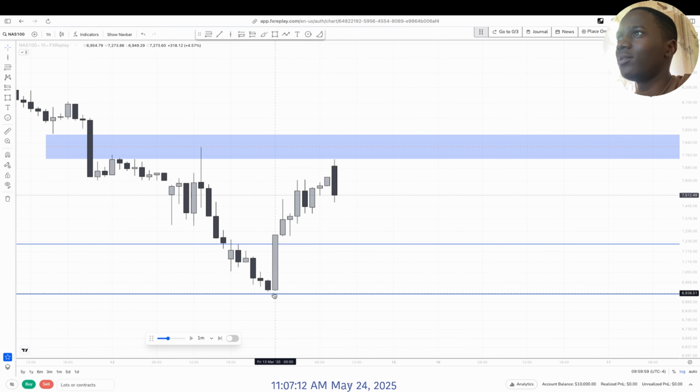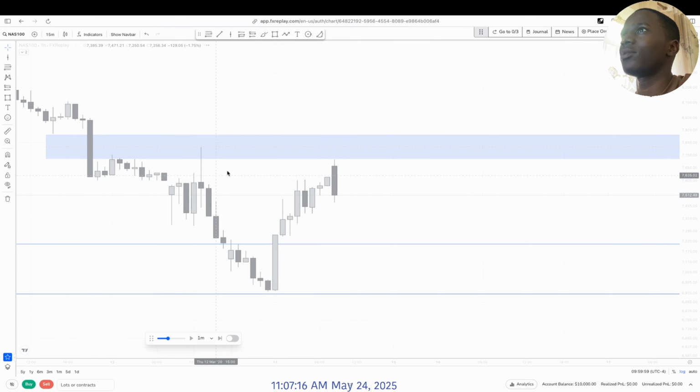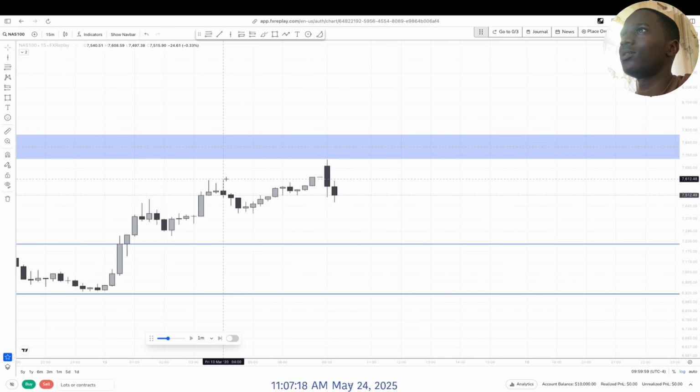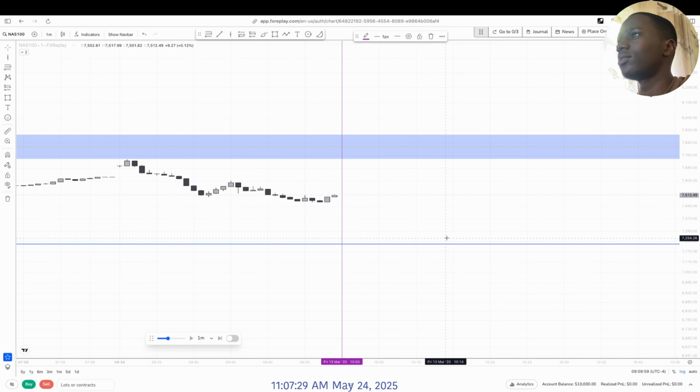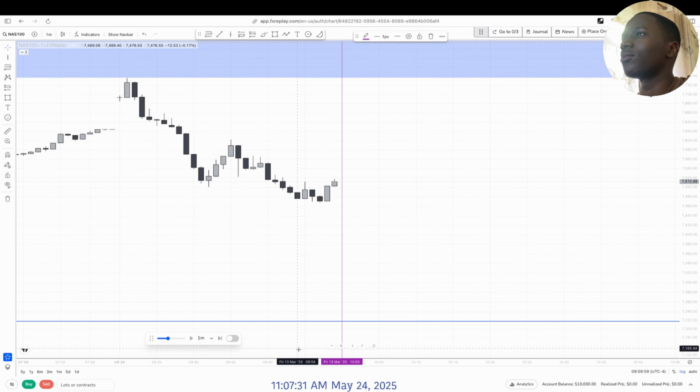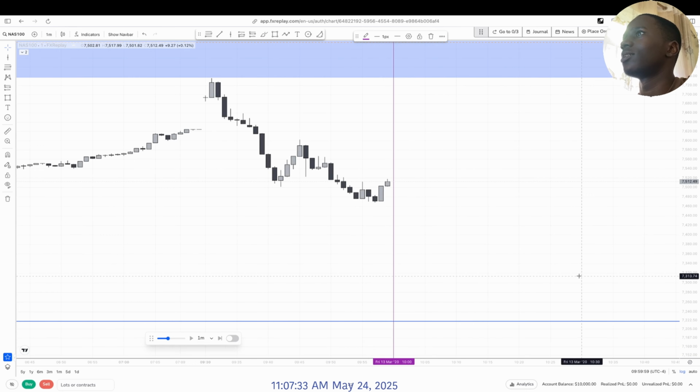So my main liquidity target is this, and then on 15-minute is the same thing. Let's see if we have a sweep. Let me mark 10. 10 is here, and 11 is here. So 1 minute. Let's see what happens on the 1 minute.